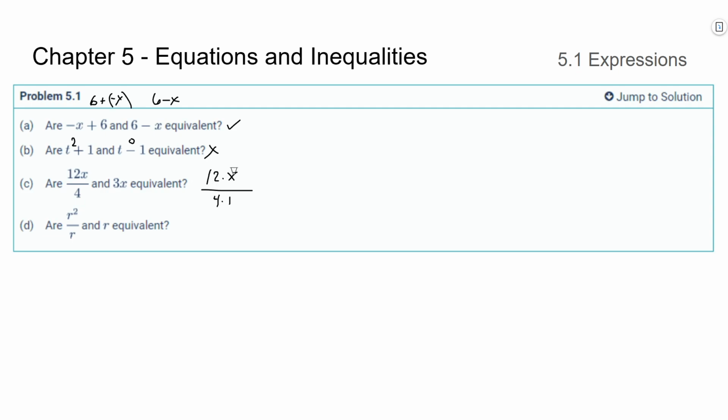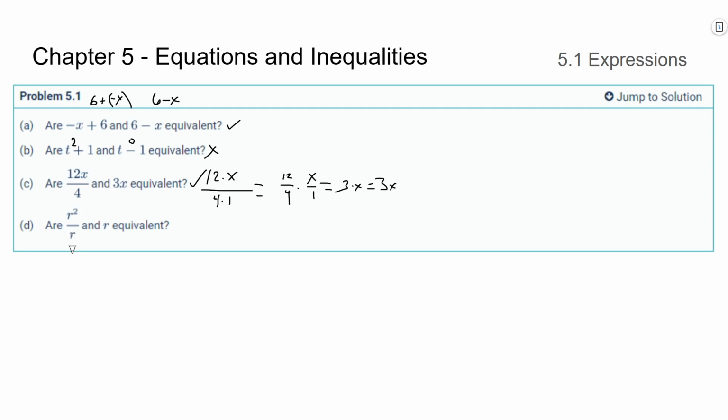Because 12 times x would be 12x, 4 times 1 would be 4, so then we get back to 12x over 4. All right, then we can break these up and say this can be 12 over 4 times x over 1. And 12 divided by 4, we know is just 3. x divided by 1 is x. So it's 3 times x, which would be 3x. So it looks like that is good.